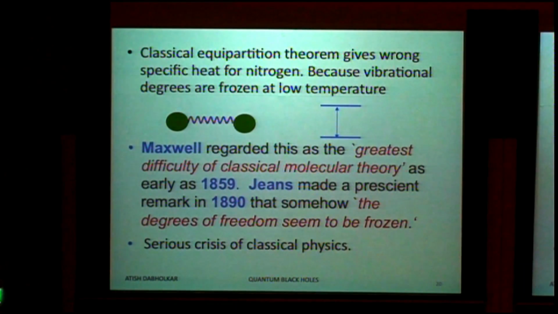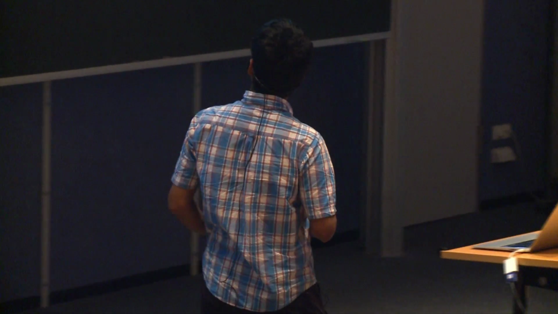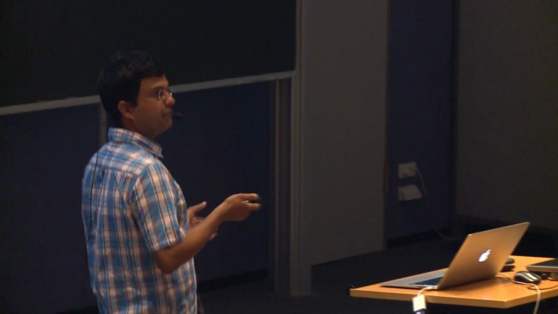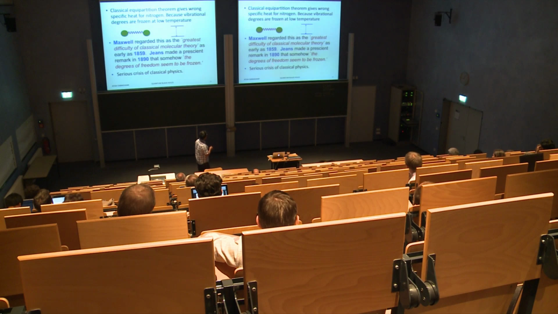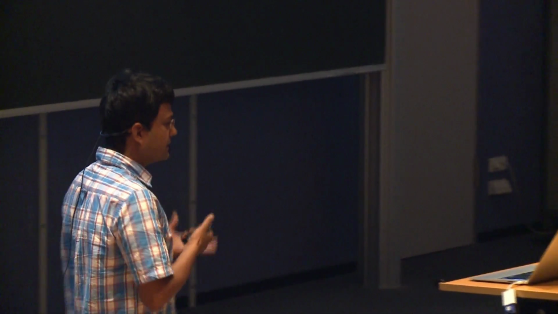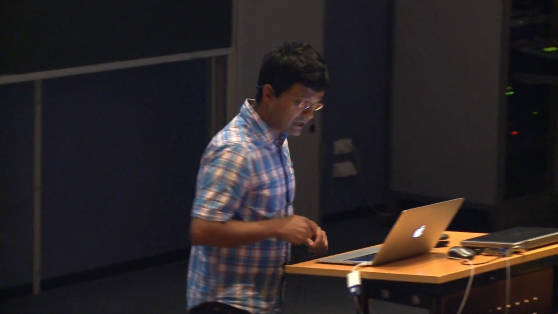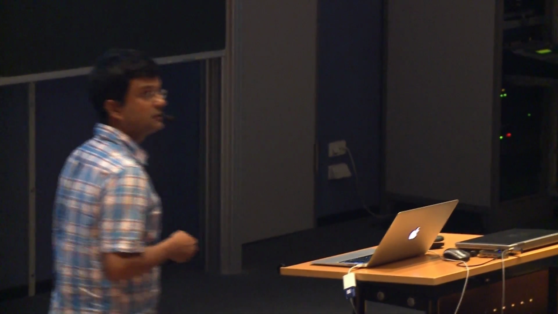And it's remarkable, just for historical curiosity, that Maxwell understood way back in 1859 that this was the greatest difficulty facing classical molecular theory, even before we were actually sure about atoms, let alone quantum theory. And Jeans made a prescient remark that it looks like the degrees of freedom are somehow frozen. But the point is that some of these far-seeing physicists were able to diagnose a serious crisis of classical physics just from these thermodynamic reasonings, and that's the kind of thing that one would like to emulate.